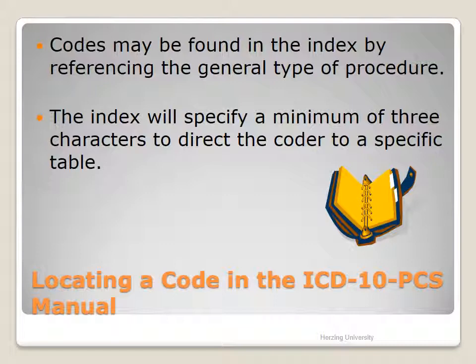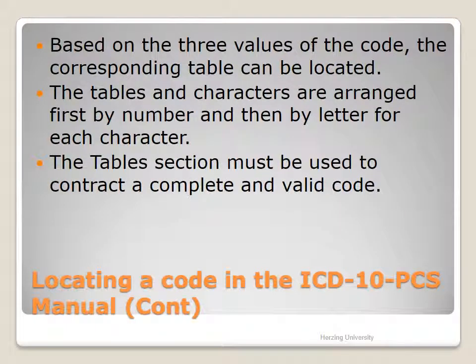Using the characters identified in the index, the coder should then reference the correct PCS table. So a coder always has to start at the index. Based on the 3 values of the code that the coder found in the index, then the corresponding table can be located.